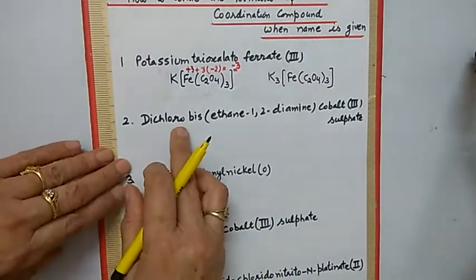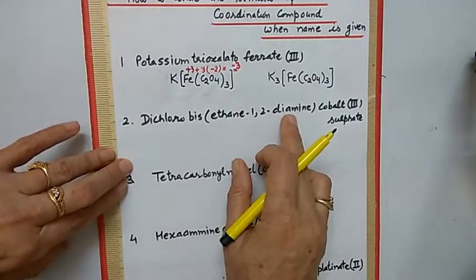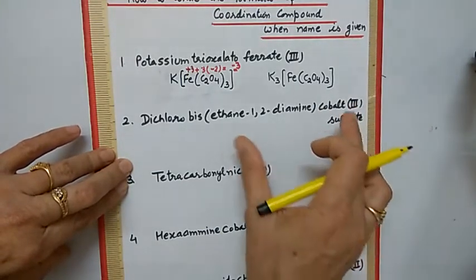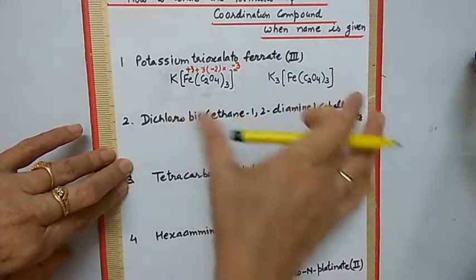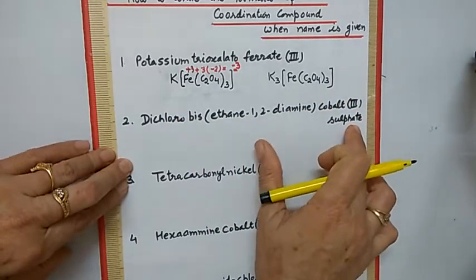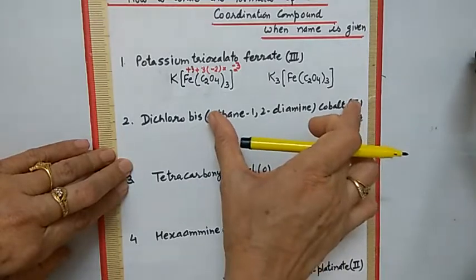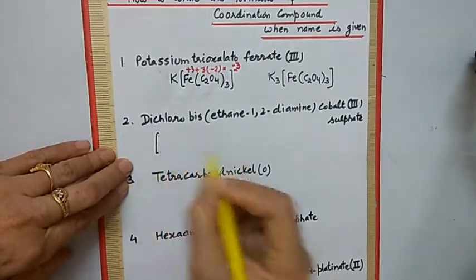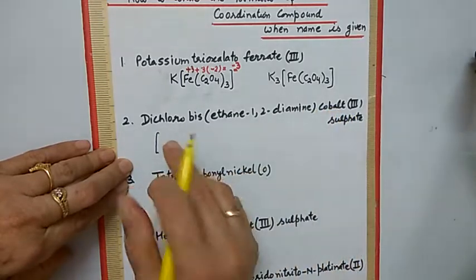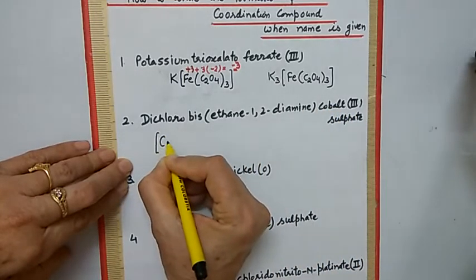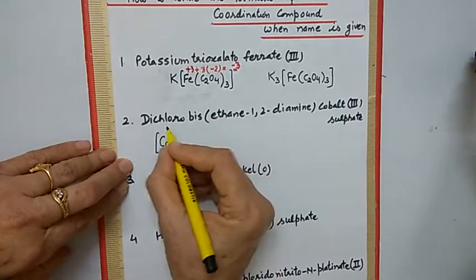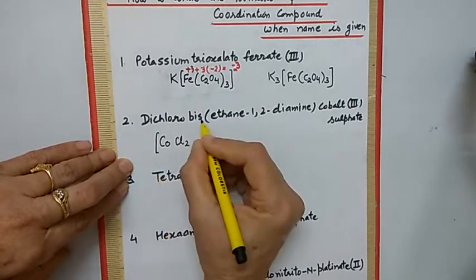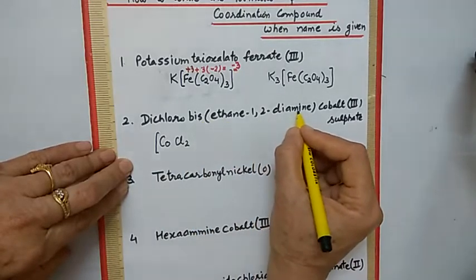It is dichloro-bis-ethane-1,2-diamine cobalt 3 sulfate. That means the positive part is this complex ion and the counter ion is negative. Let us start writing the formula for the complex ion. Put the bracket. Write the metal first, that is cobalt. Then we start with the ligands, dichloro, Cl2, bis-ethane-1,2-diamine.